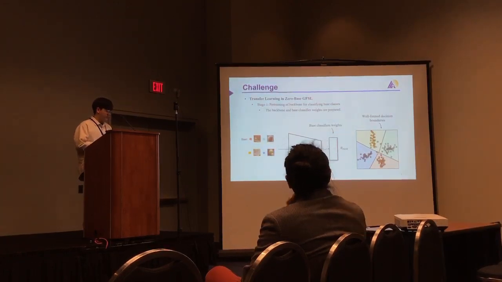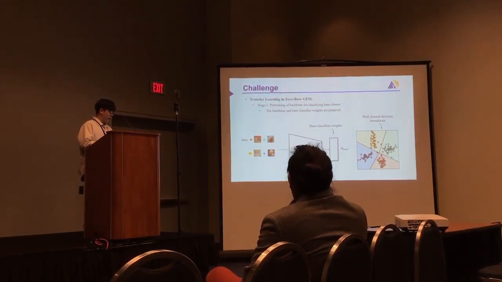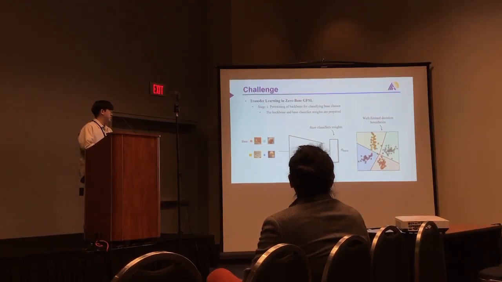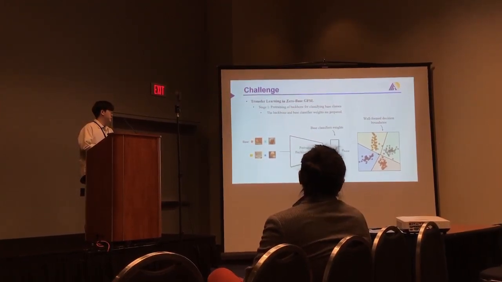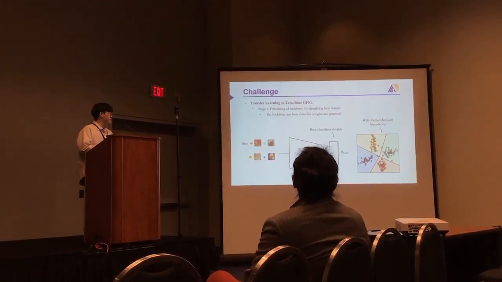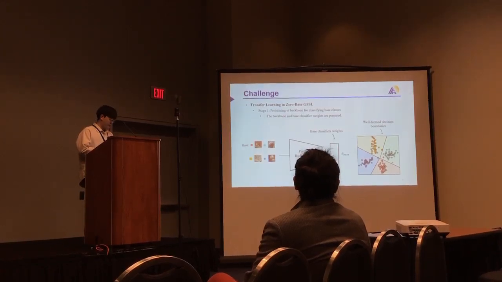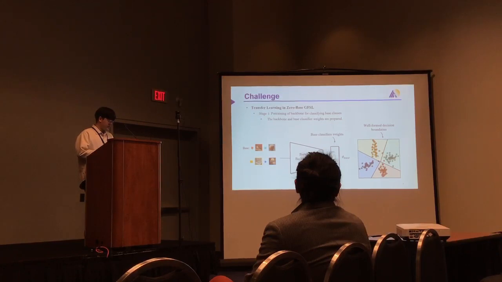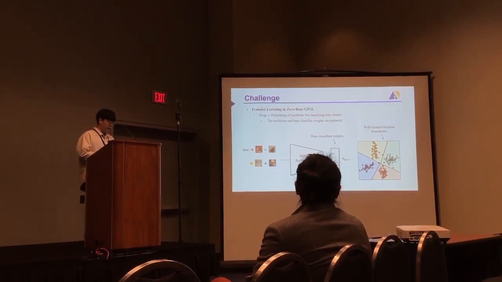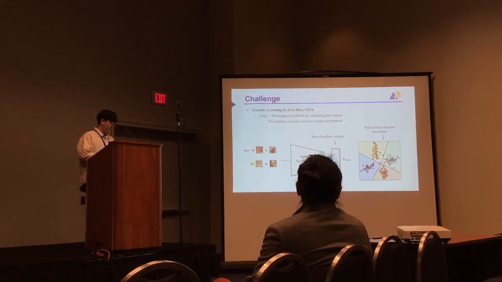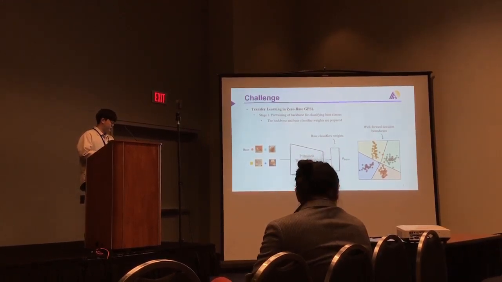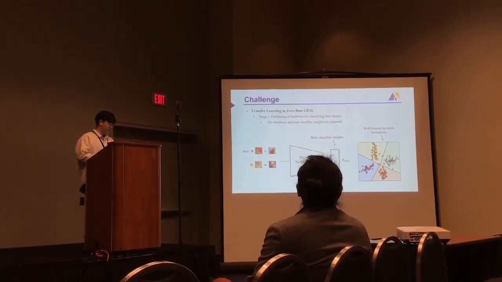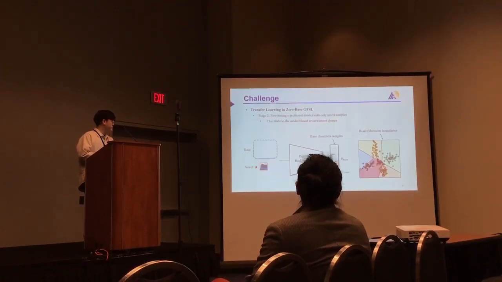The first stage of transfer learning is pre-training a model for classifying base classes. After the pre-training stage, the feature extractor and base classifier weights are prepared. The figure on the right side is obtained from our own experiment, and it shows feature vectors in the feature space. In the pre-training stage, you can see well-formed decision boundaries for base classes.